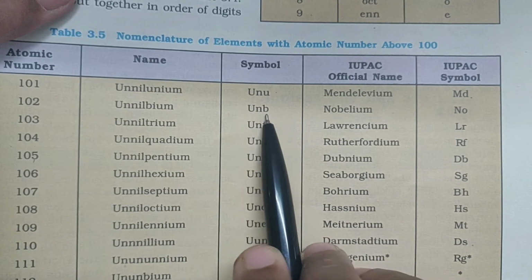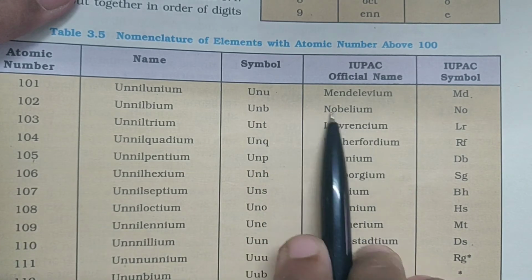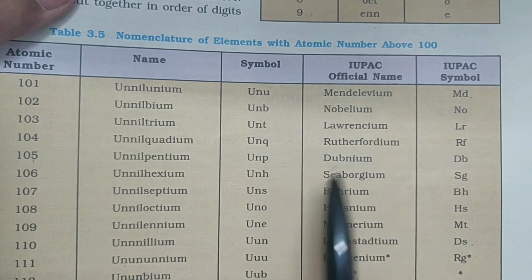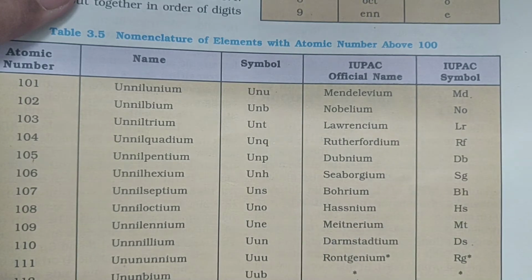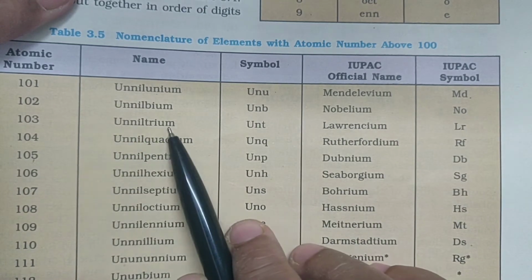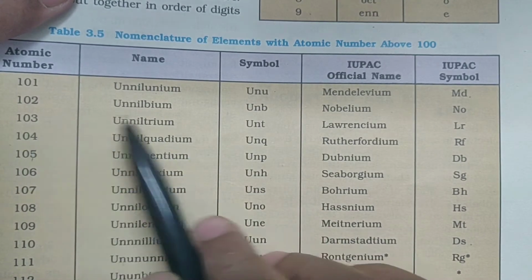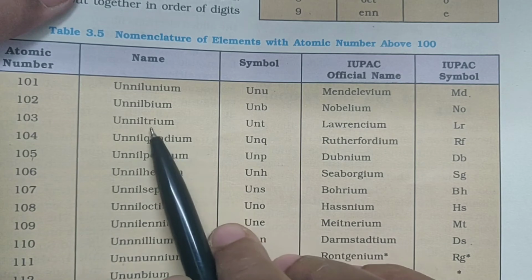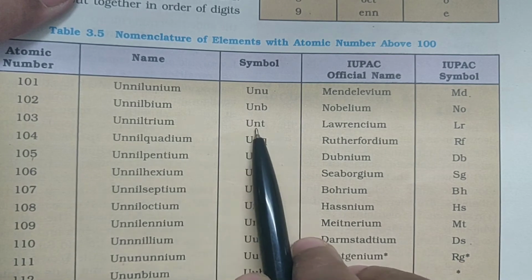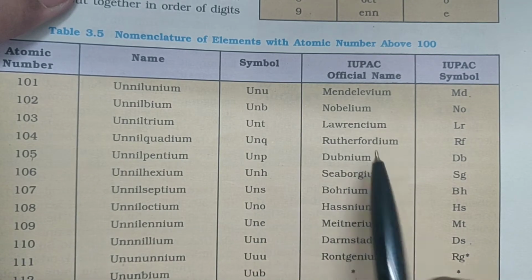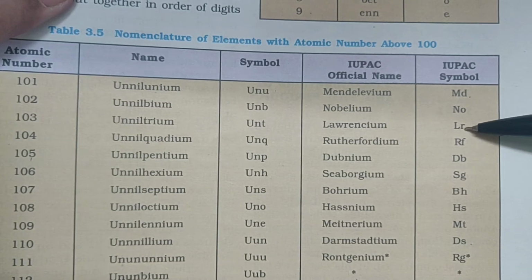So UNB. Okay, this is actually nobelium, and the symbol is NO. Same way you have for 103, that is UNT, T for tri. Okay, so you have UNT, that is Lawrencium, which is symbolized as LR.